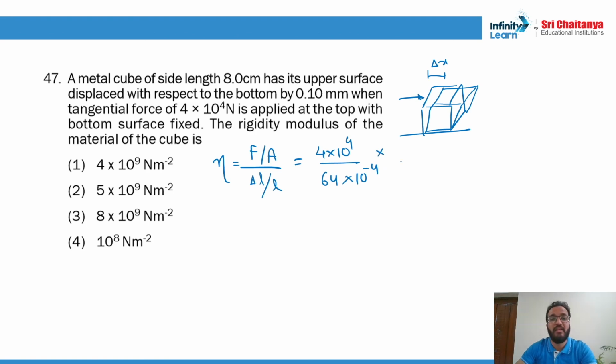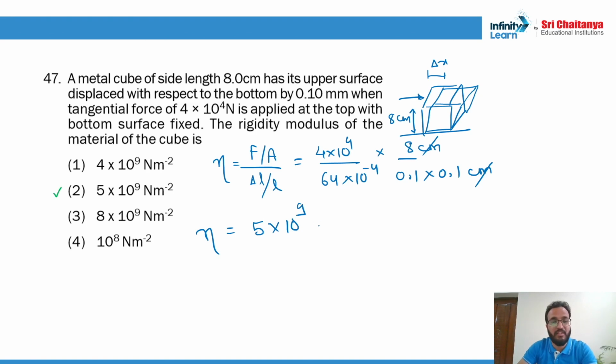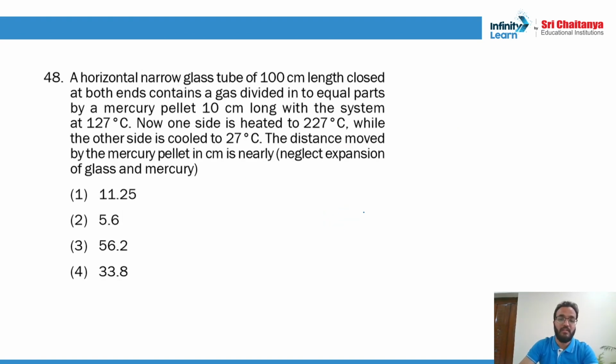Now delta L by L, what is delta L? 0.1 mm, that means 0.1 centimeter more. Length is 8 centimeter. This length 8 centimeter is getting cancelled. So I hope if you solve this, your answer will be the second option.